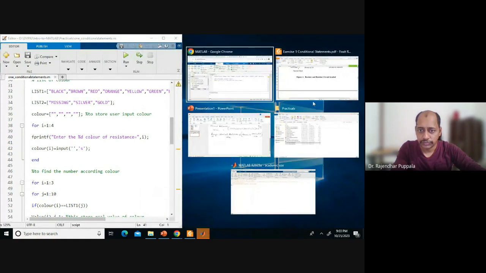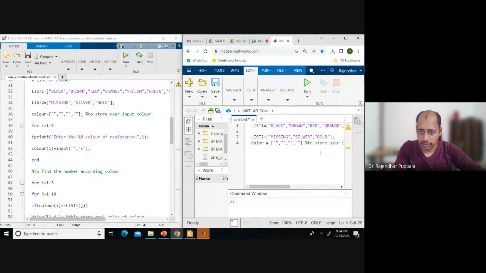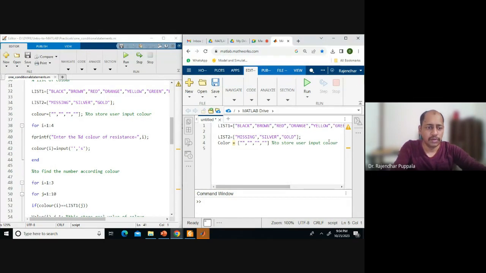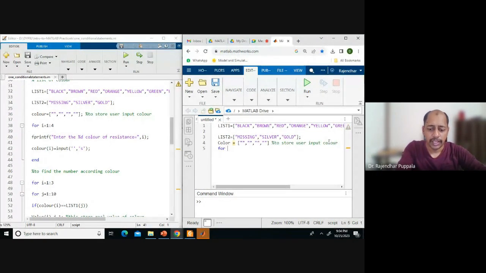See? So for i equal to 1 colon 4, and fprintf. This is a print command, sir.